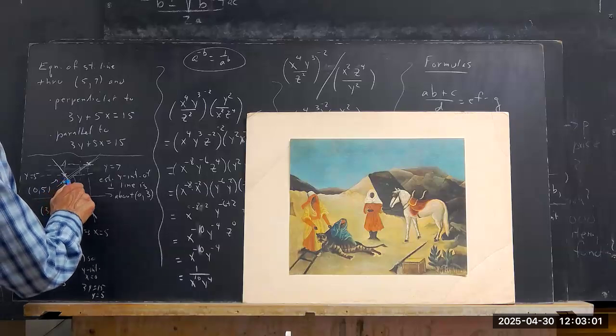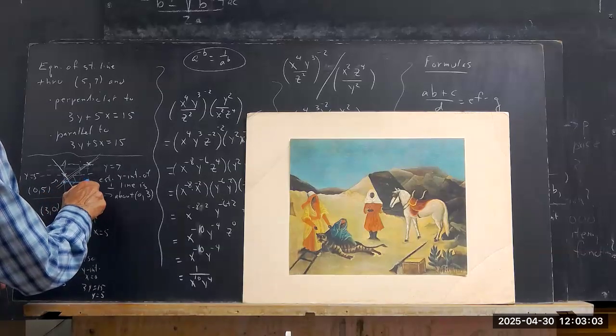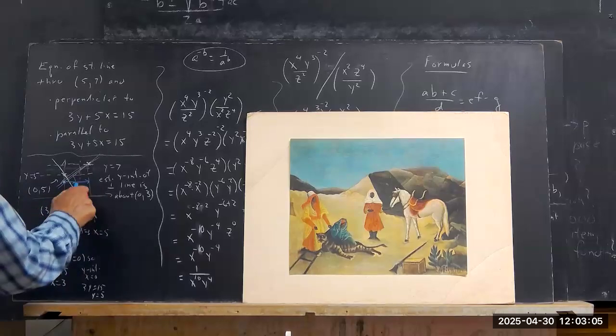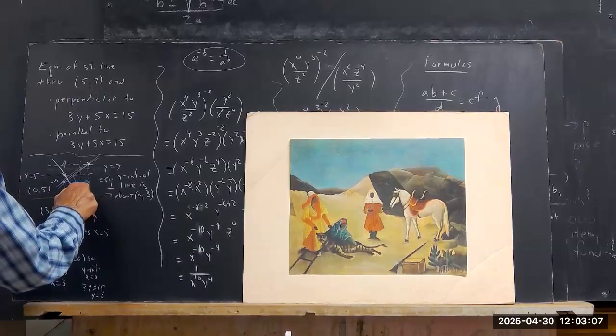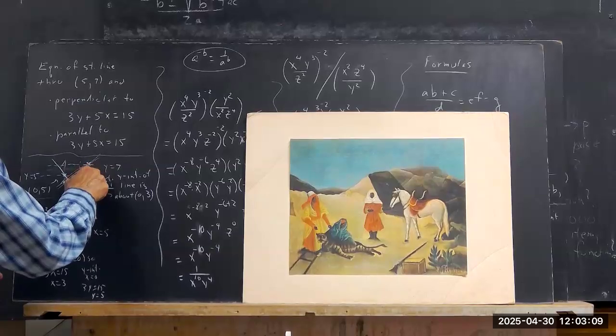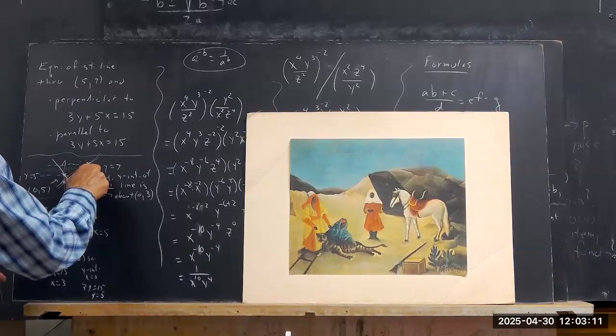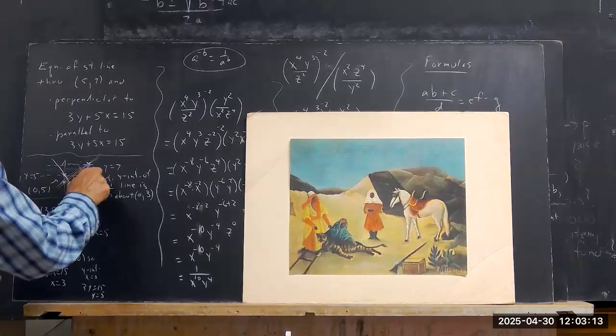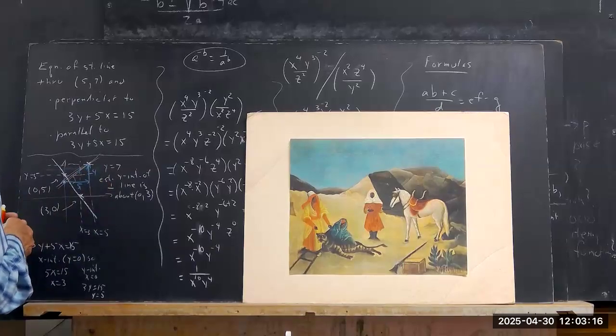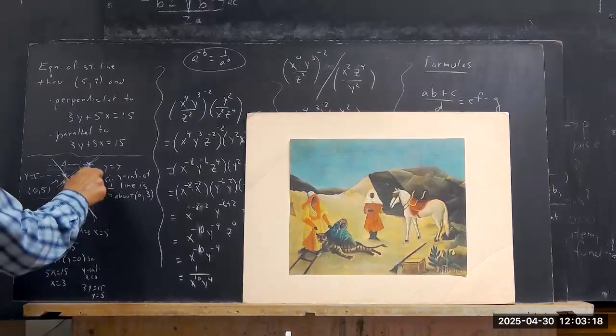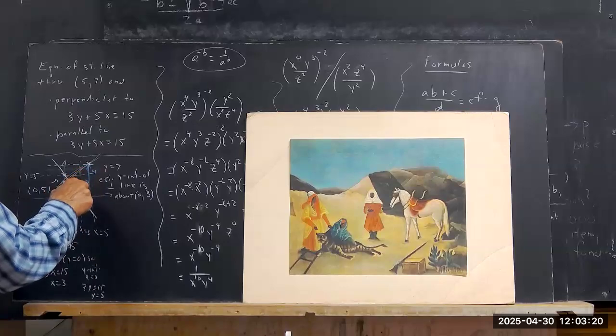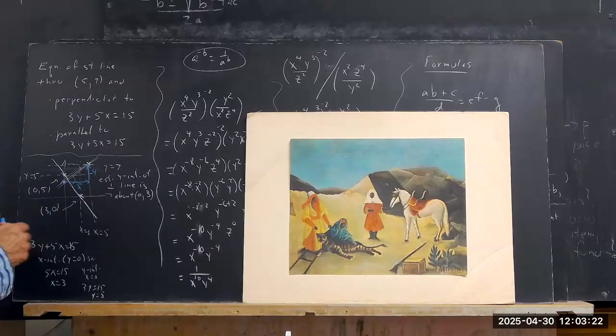From this point, we have to go over 5 units. Go from this point up to 7, we have to go up 4 units. The slope is rise divided by run. Rise is 4, run is 5.